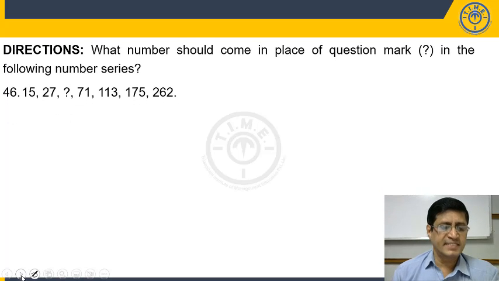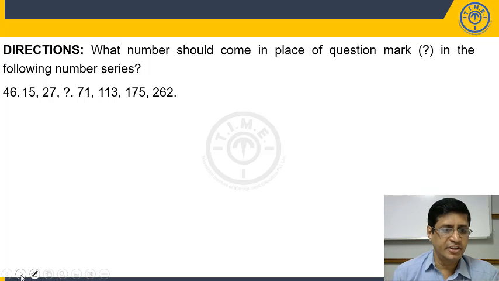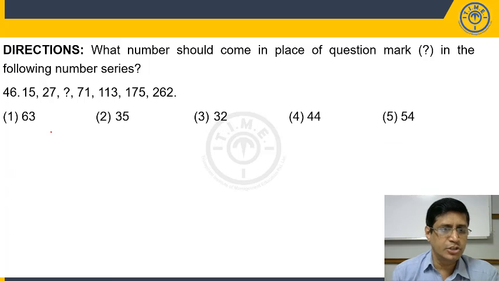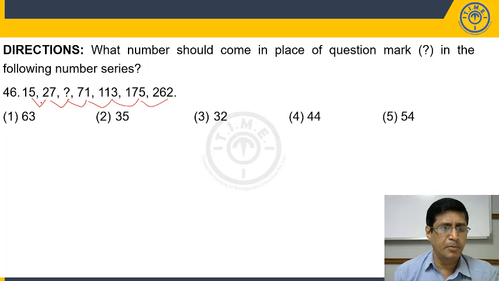Now look at this example here. These are the questions based on missing numbers. Number series it is. Missing number we need to find out. Just look at the logic, which pattern it is following. If you observe the gap between these numbers, how much is the gap? 27 minus 15, it is 12. The next one it is not possible to find.